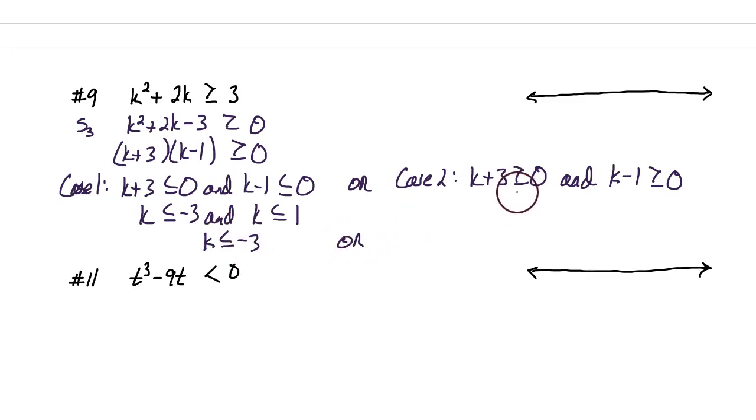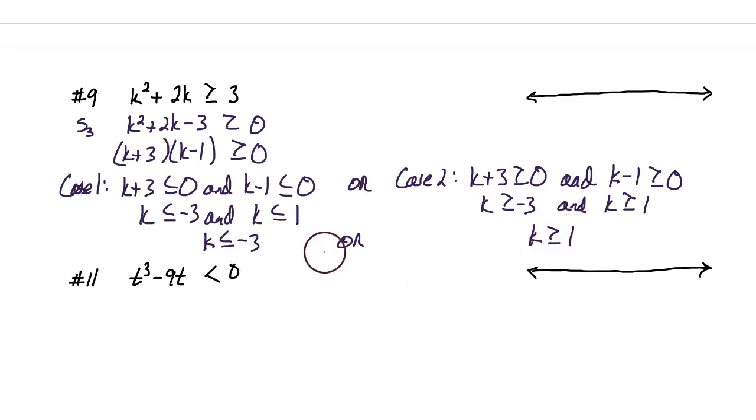Now over here on case 2, let's solve for k. K is greater than or equal to -3, and at the same time, it's got to be greater than or equal to 1. We could write the single expression, k is greater than or equal to 1.